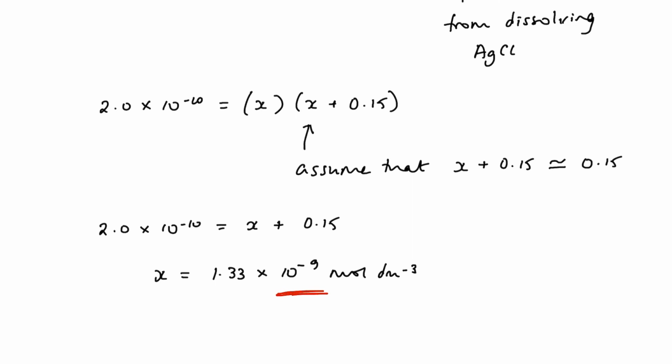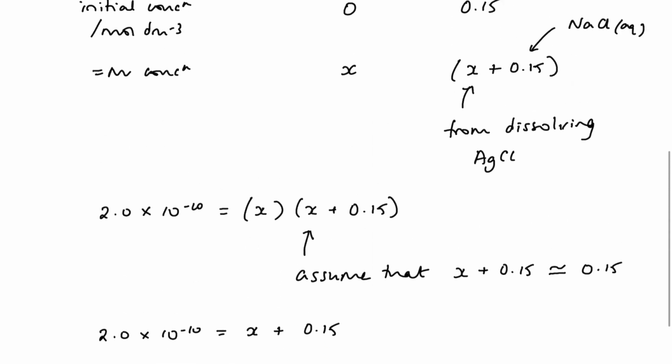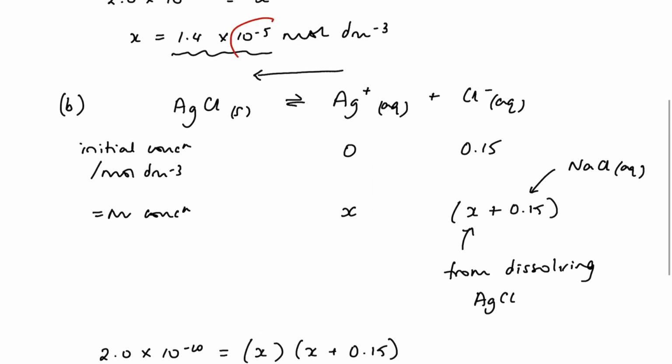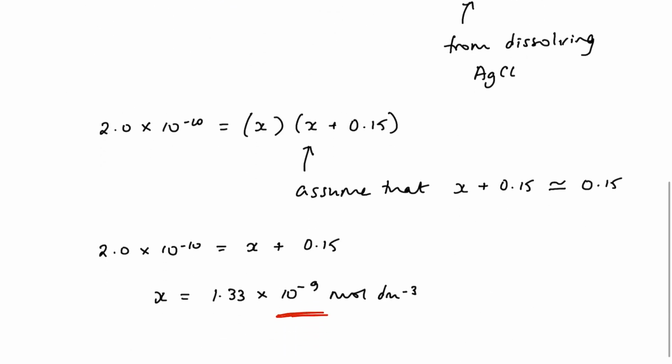Dissolving silver chloride in the presence of a common ion has reduced its solubility, well, from 10 to the minus 5 to 10 to the minus 9, by 10,000 times. Silver chloride is 10,000 times less soluble in my solution of sodium chloride than it is in pure water. That is the power of the common ion effect.